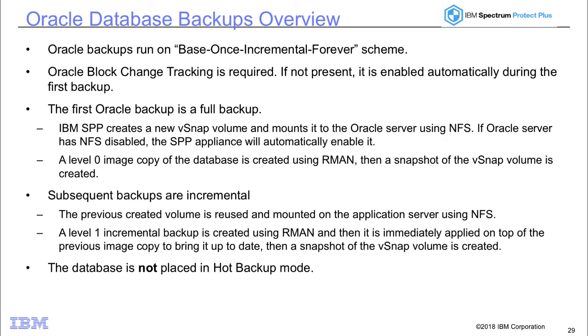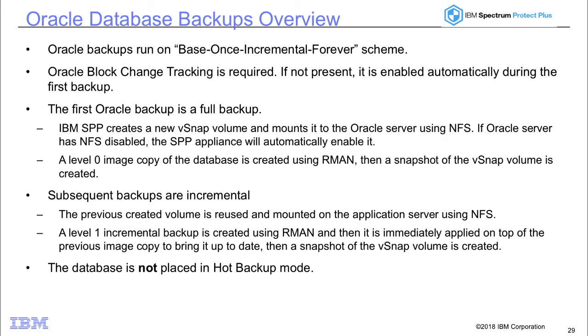So let's get the details of Oracle database backups and how it works in the background. Again, same concept: Oracle backups are going to be run on a backup once, incremental forever scheme. Oracle block change tracking is required. If it's not present on the Oracle database, it will be enabled automatically on the first backup.